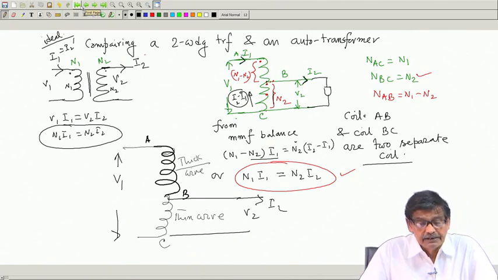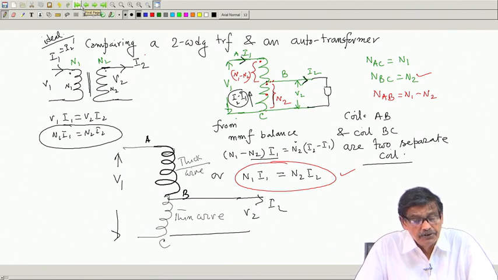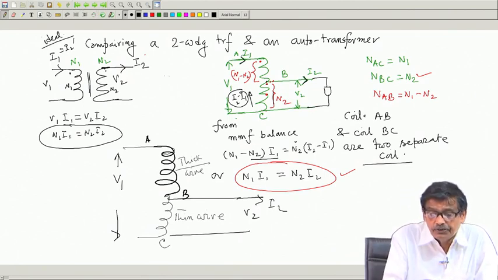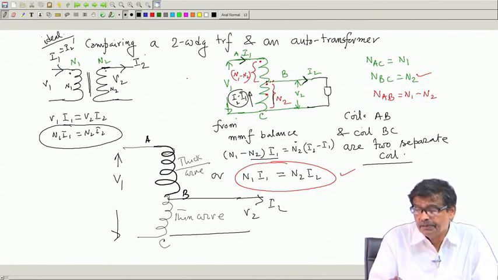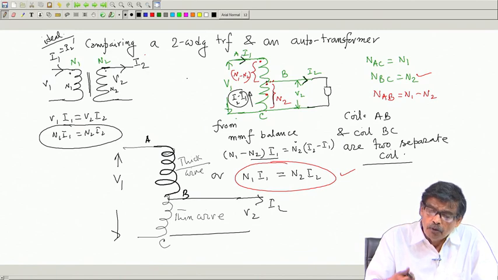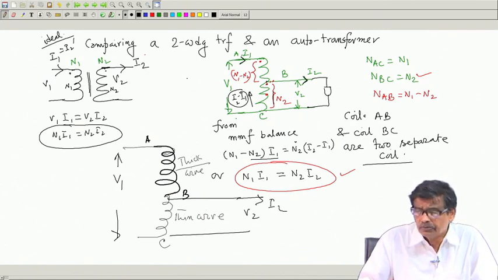Suppose I want to change the voltage level from V1 to V2, and it will deliver a kVA of V2 I2, or the transformer will handle a kVA of V1 I1 or V2 I2, they are the same. The same thing can be done with an auto transformer. The moment you have two options, which one to choose?